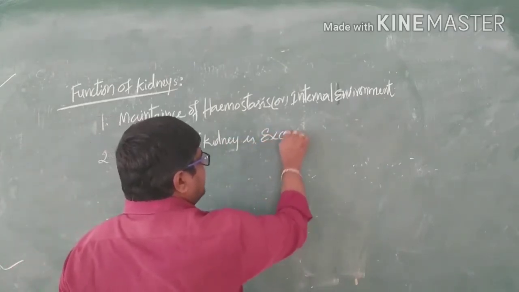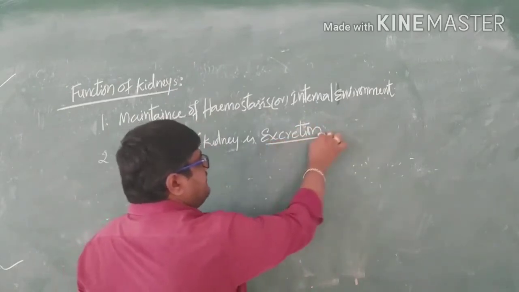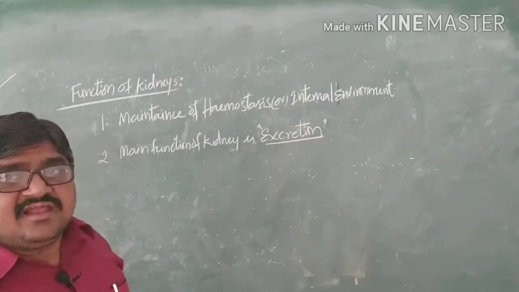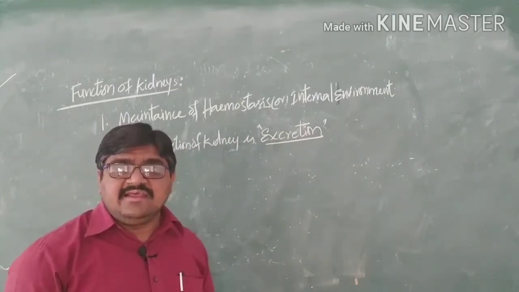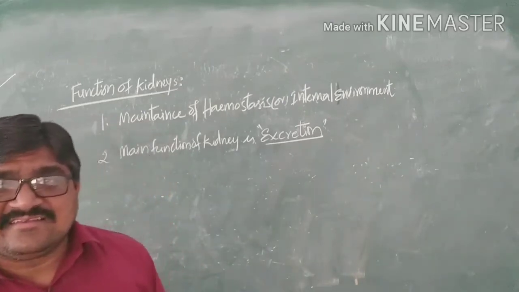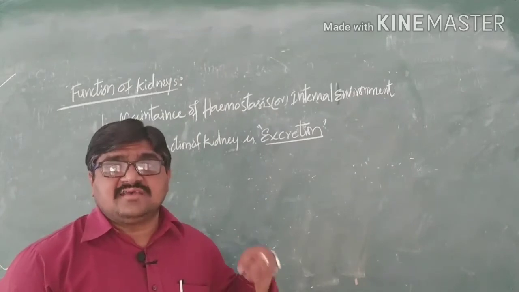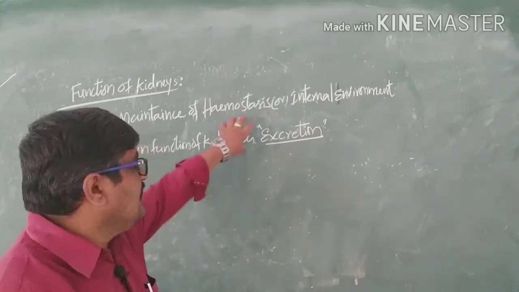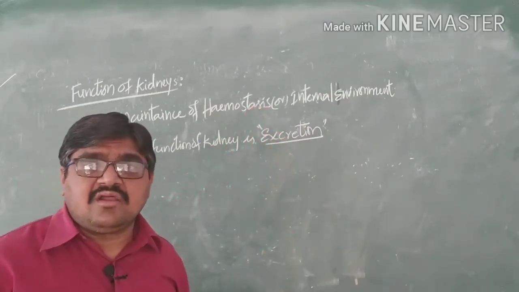That means the excretion of waste material, that is, the elimination of nitrogenous waste material such as urea, uric acid, and ammonia, which are excreted mainly. The nitrogenous waste material and toxic substances which are present in our body, the main function of the kidney is to eliminate them. That is, waste materials are excreted from our body.